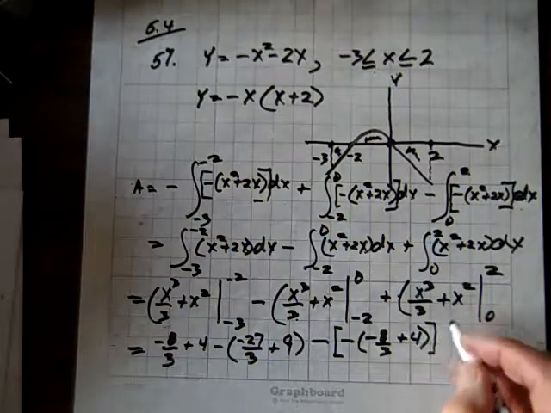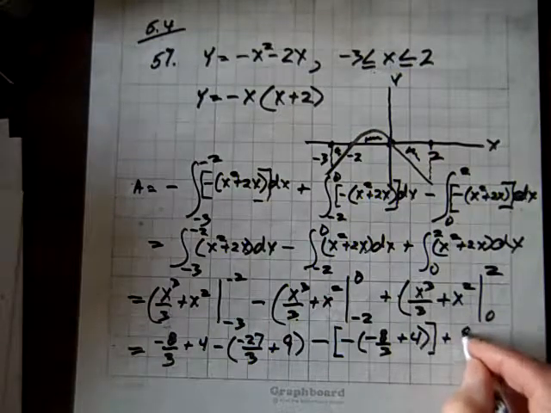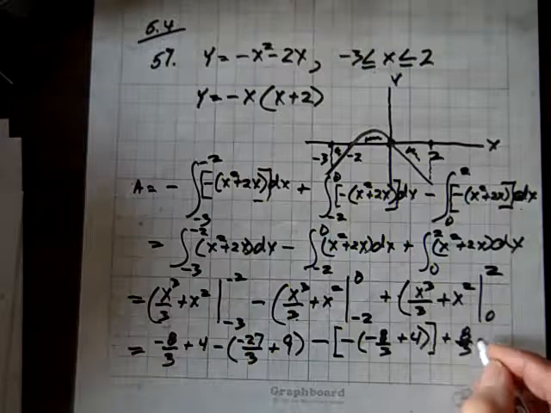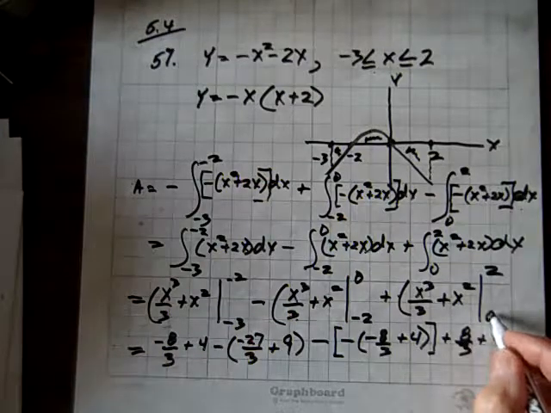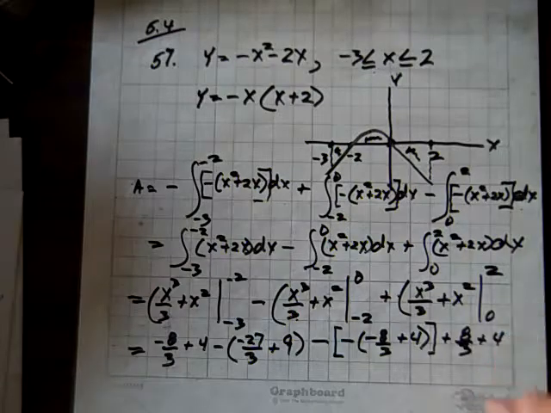Okay, finally, we're going to get a plus 8 over 3 plus 4, and then minus, and replacing both x's with 0, we get 0.